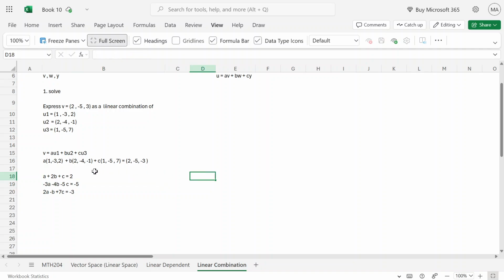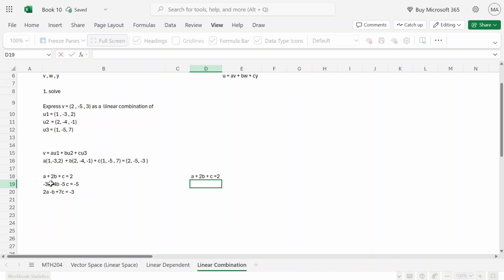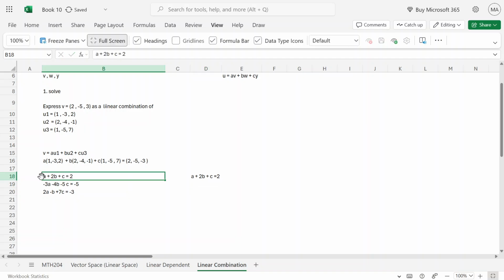Now let's solve. To eliminate, rewrite this: a plus 2b plus c equals 2. Then we want to eliminate a from this, so we can multiply this by 3.